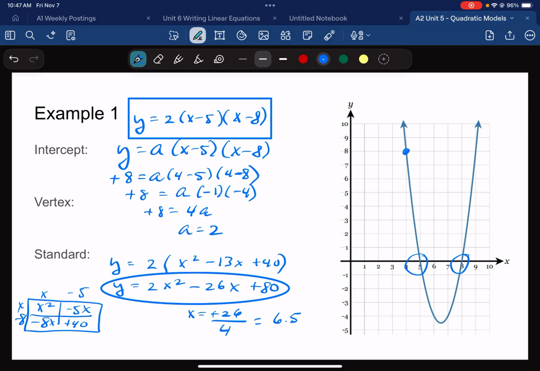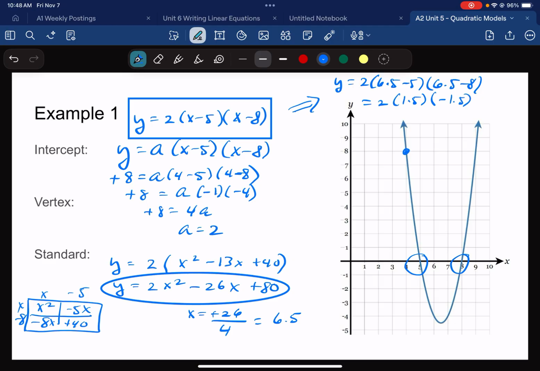Now plug that value back in to get the y. I think I'll plug it back in up here into the intercept form, though. That might be easiest. So just doing this work over here now, I'm going to go y equals 2 times (6.5 minus 5) and then (6.5 minus 8). So that's 2, and then 1.5, and negative 1.5.